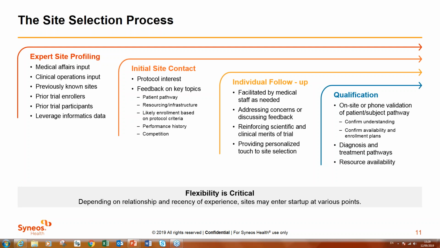We may be able to go to initial site contact and jump to qualification, because we already know that the site has the ability. We just want to know that they've got their interest, and then we jump straight into qualification. So we can streamline that whole process depending on how involved and closely we work with our sites.